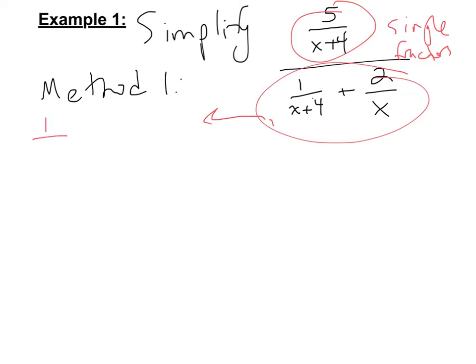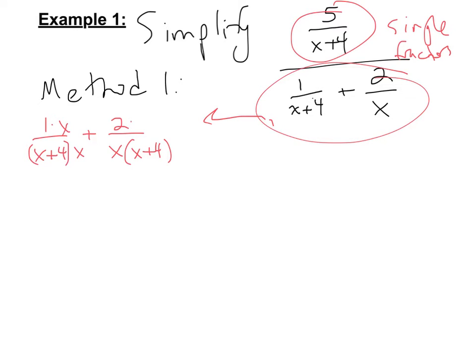And we're going to do 1 over x plus 4 plus 2 over x. And we want to make a common denominator and add these together. The common denominator is going to be x times x plus 4. So that the denominator on the left, I attached an x to that product, so I'll attach an x in the numerator.